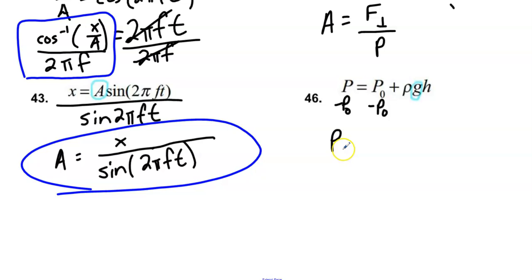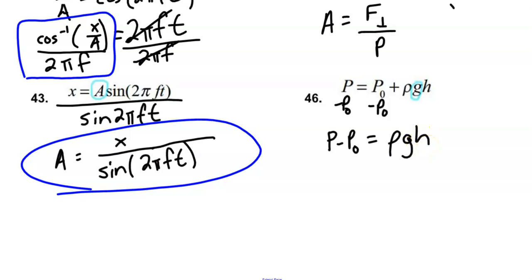P minus P0, that's almost like a delta P, final minus initial. It is a delta P. Look at that. Equals rho g h.